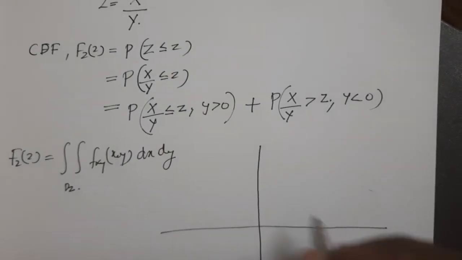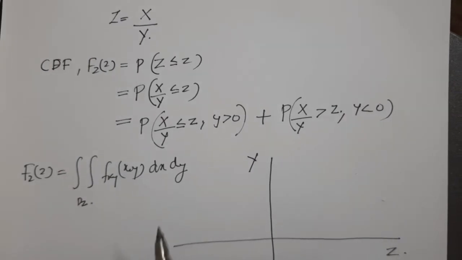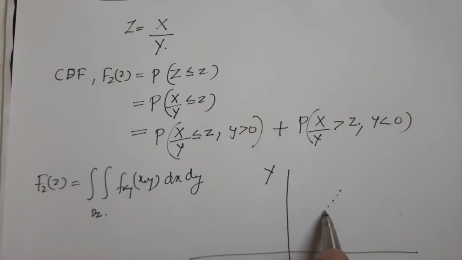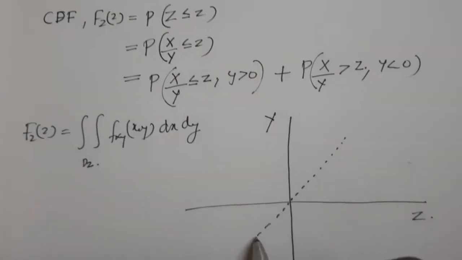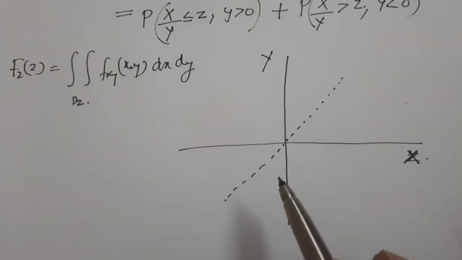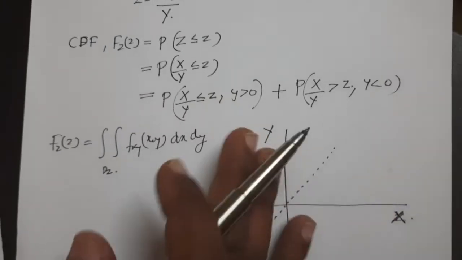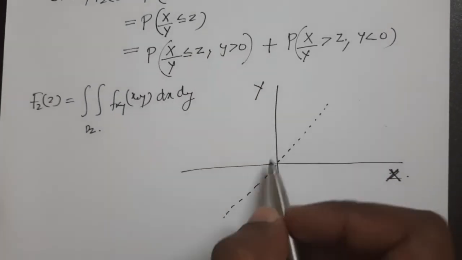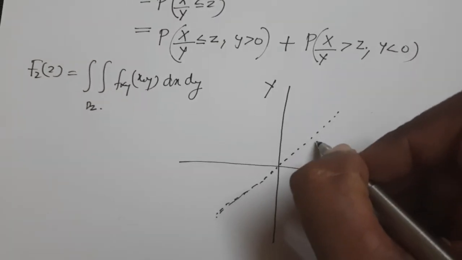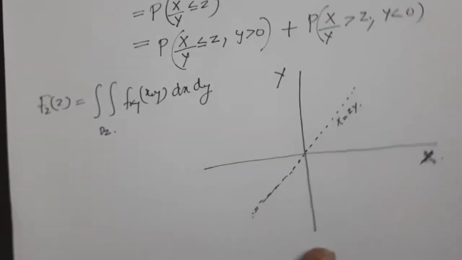How will you plot it? Suppose z equal to 1, then we can see that x equal to y, so this is the x equal to y line. Based on the value of z, this line will be inclined toward x or toward y. So we will plot it like this. This is x equal to zy.